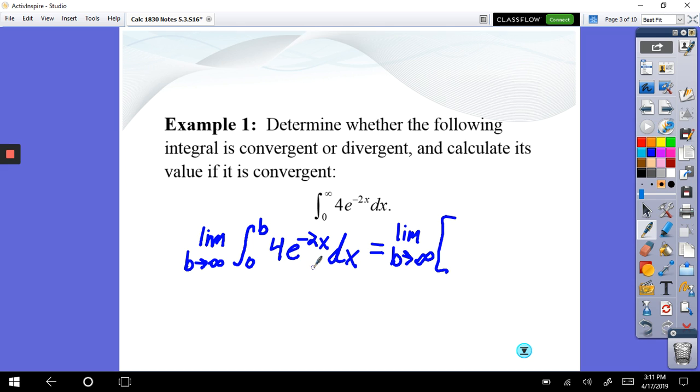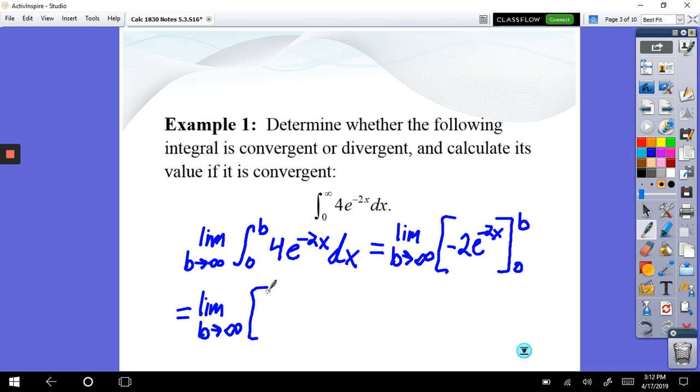So if I do the same thing and divide by negative 2, then I would get negative 2 e to the negative 2x from 0 to b. So when it comes to evaluating that, I'm going to plug in, limit as b goes to infinity, plug in b.